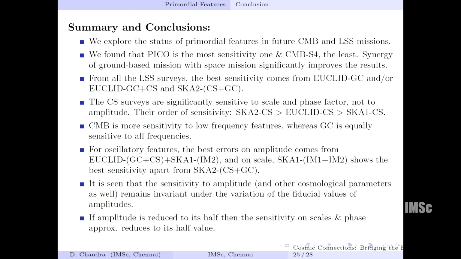We have also seen that on the amplitude we haven't found much sensitivity from the LSS missions. However, the scale and phase are sensitive to cosmic structure experiments.